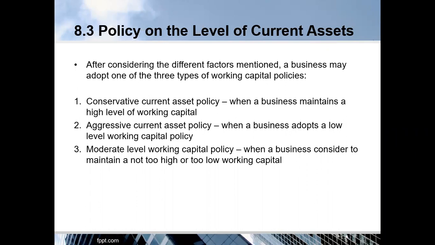So when they have a lot of cash, they sell it and immediately buy non-current items so they can operate right away, like equipment, plants, and property. So of course our current asset will get smaller, and so our working capital will get smaller. Or we keep asking for funds, or we often require funds, or borrow. So when our liabilities, especially current liabilities, are bigger, then our working capital gets smaller, because working capital is equal to current asset minus current liabilities. Moderate level working capital policy is when a business maintains not too high or too low working capital.